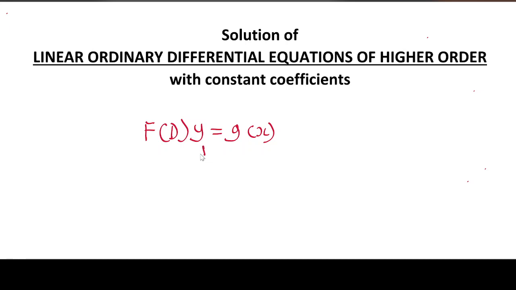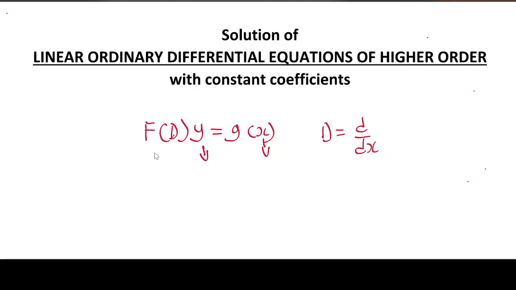Here y is a dependent variable and x is the independent variable, and this capital D indicates d by dx. There is something like a derivative term with respect to x.